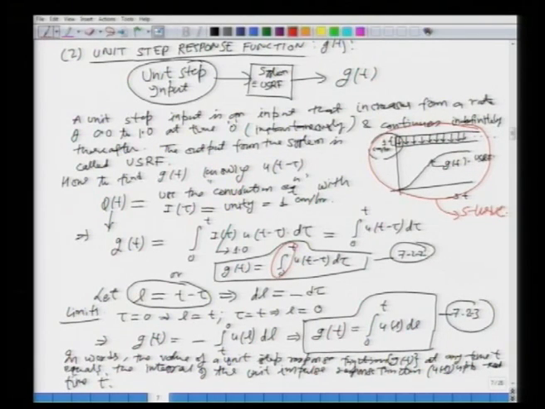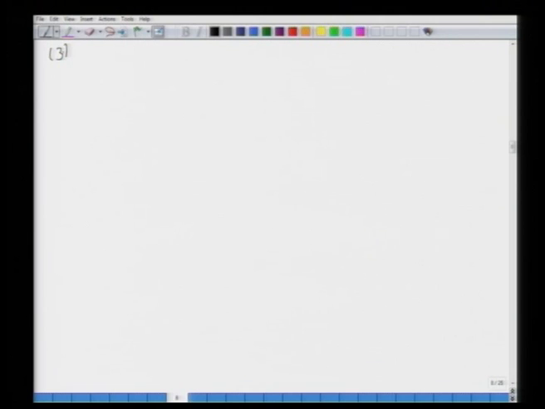All right. We will look at the third one, which is called the unit pulse response function. The third function we will look at is what is called unit pulse response function from a catchment. Okay. We are going to represent this by H of t.